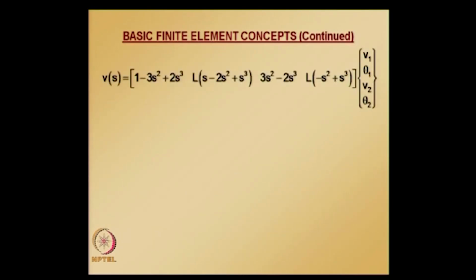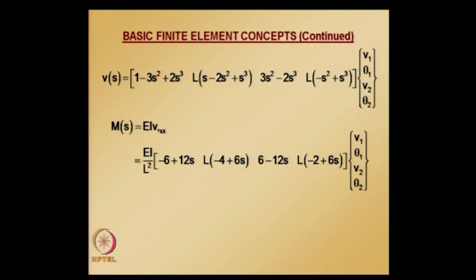We derived v as a function of s, where s goes from 0 to 1, s equal to 0 corresponds to x1 and s equal to 1 corresponds to x2. So once we get v1, theta 1, v2, theta 2, we can find displacement at any point along the beam length by substituting the s value, or sweeping s from 0 to 1.